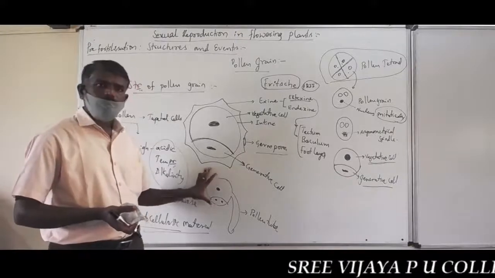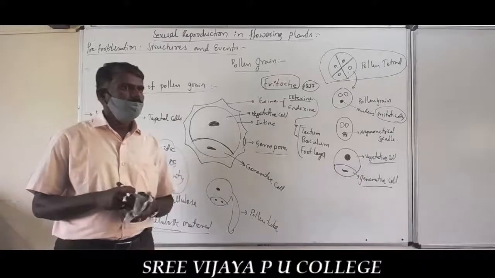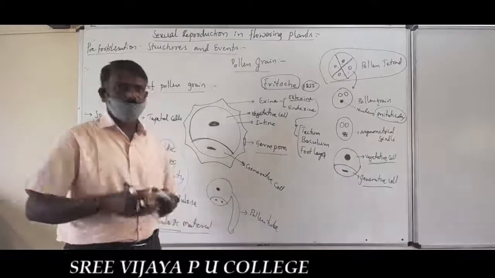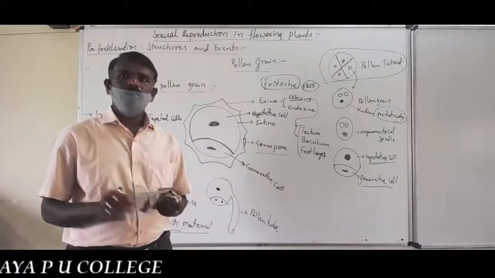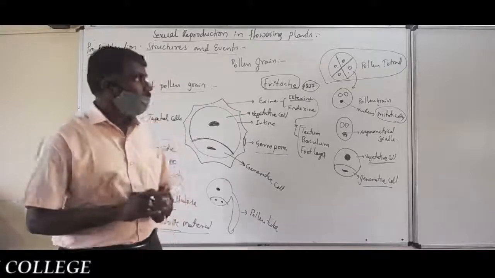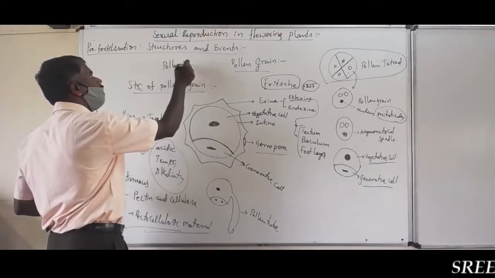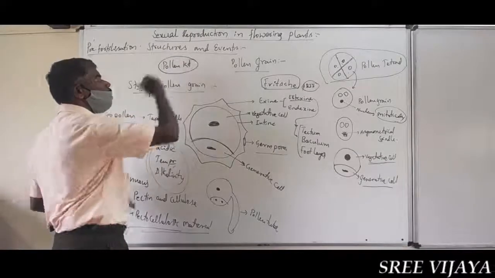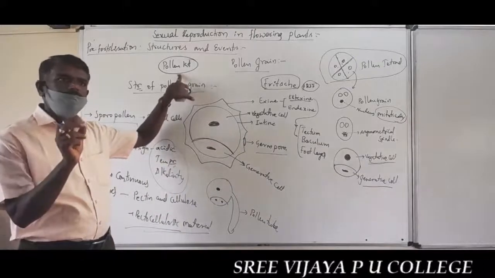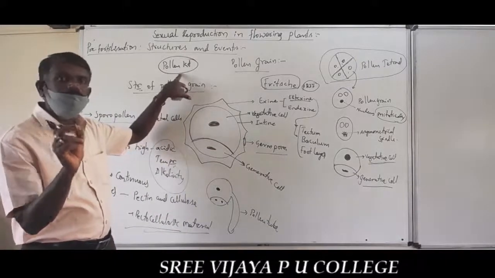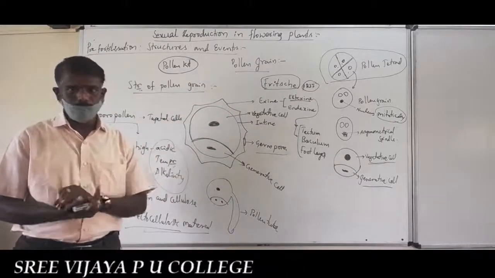These pollen grains are sometimes carried by insects, because of the presence of a pollen kit. Pollen kit is a viscous pre-natured content present external to the pollen grain.